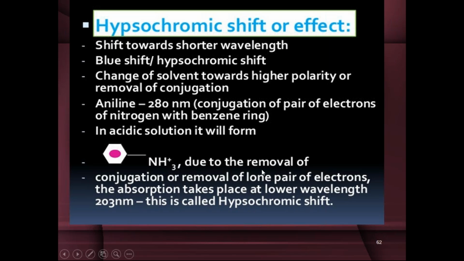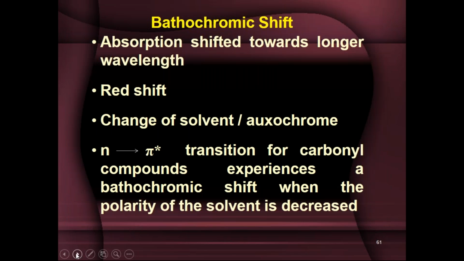What it's doing is removing the lone pair of electrons, so n electrons are not there. In that case, it removes the conjugation also. Due to removal of conjugation and removal of the lone pair of electrons, you will see a shift towards shorter wavelength. This is one example.